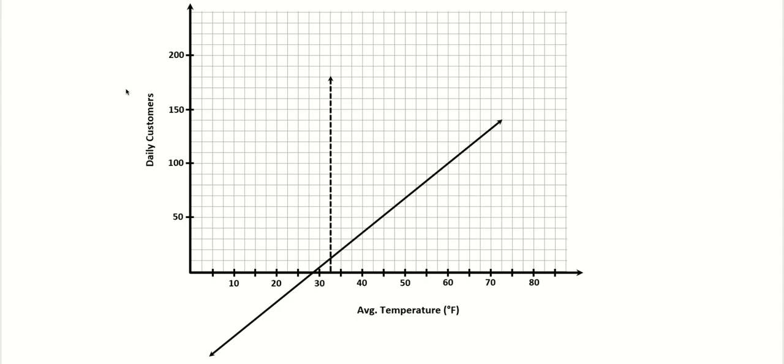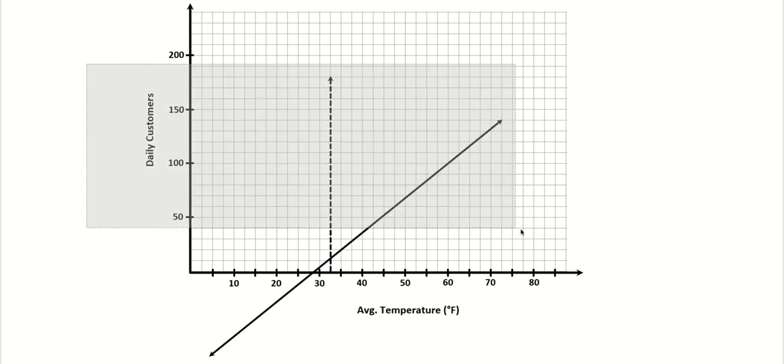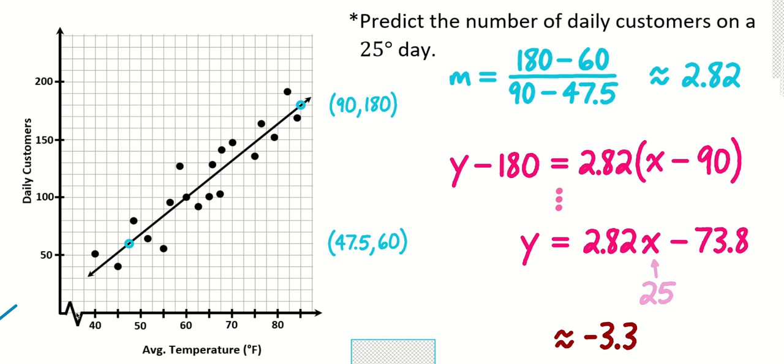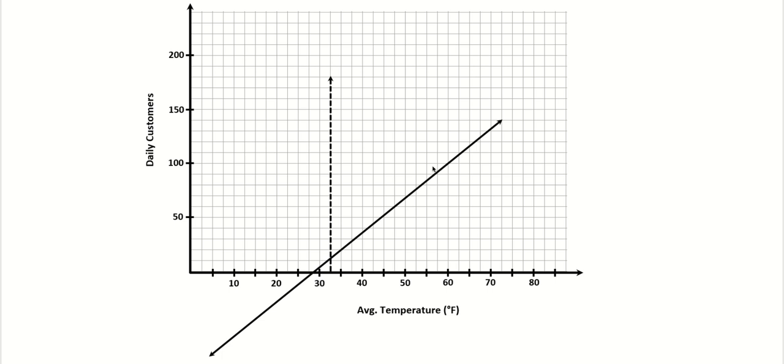And you probably don't have this on your paper, but this is a pretty good visual of what it would look like. You go down to 25 degrees, look, the number would be negative 3.3, or better yet, the real y-intercept is way down here.